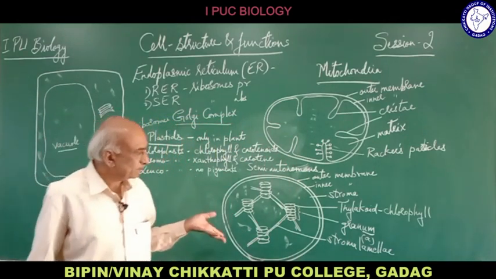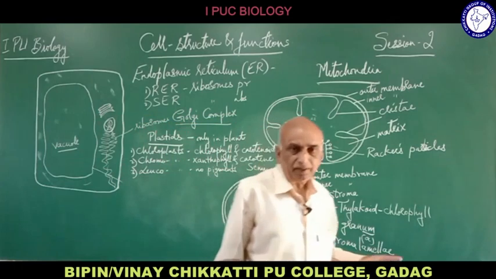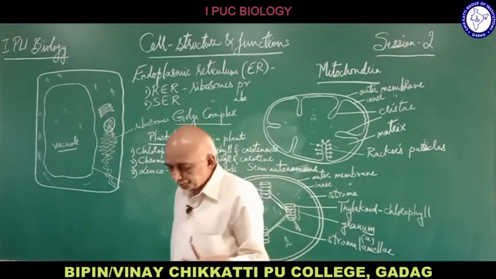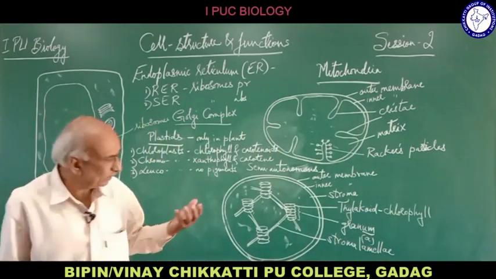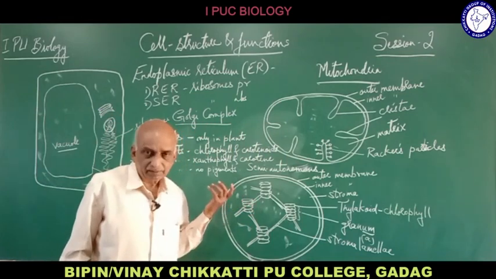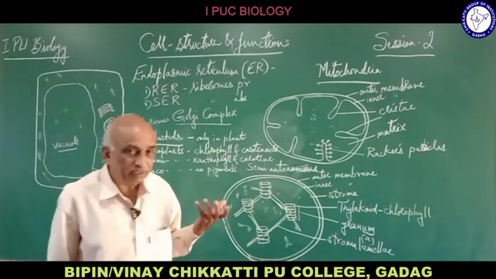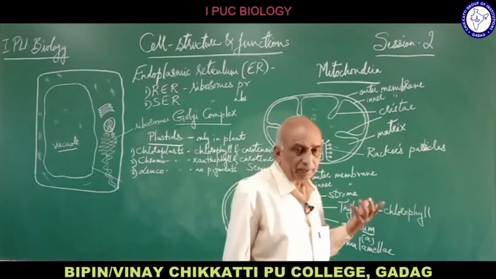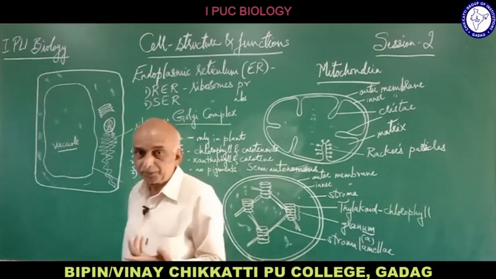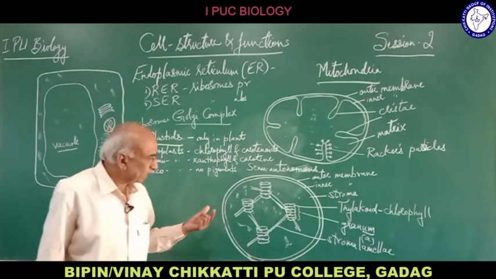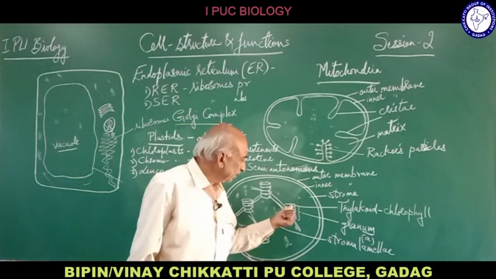So the chloroplast contains chlorophyll and is involved in the assimilation and formation of food, the synthesis of food using light and carbon dioxide by photosynthesis.